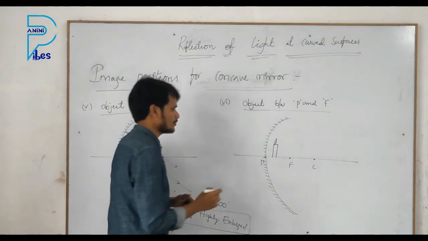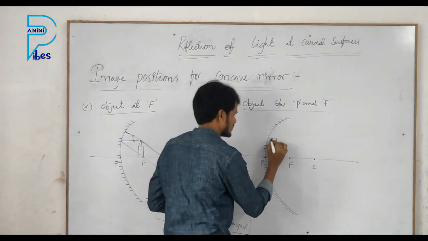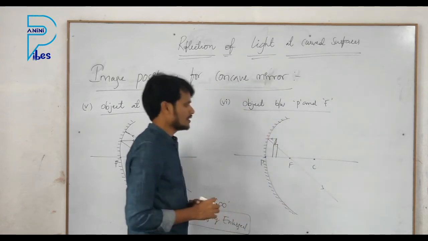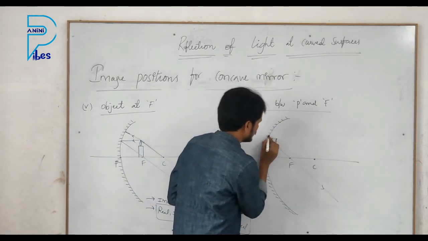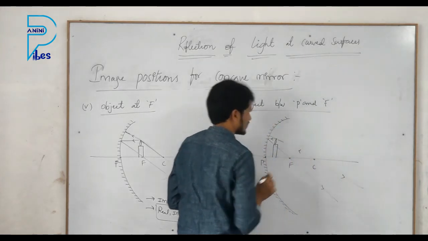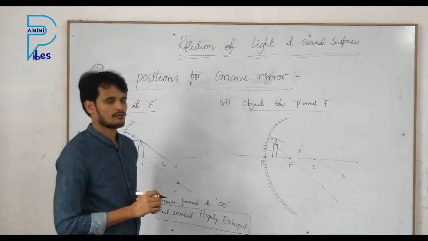So now consider one ray parallel to the principal axis passing through the focus, and the second ray passing through the center of curvature, reflecting from the center of curvature.